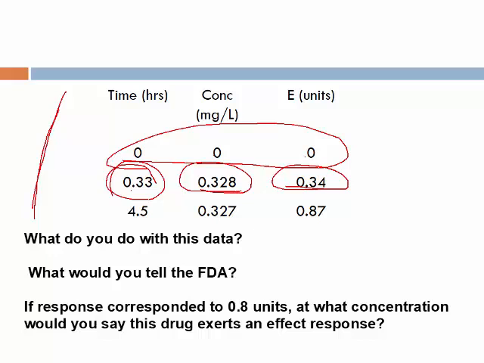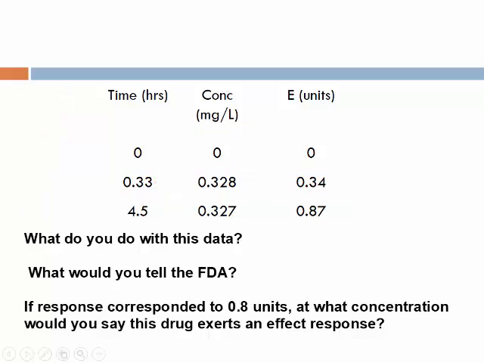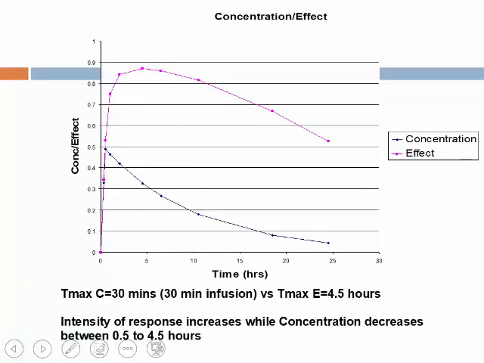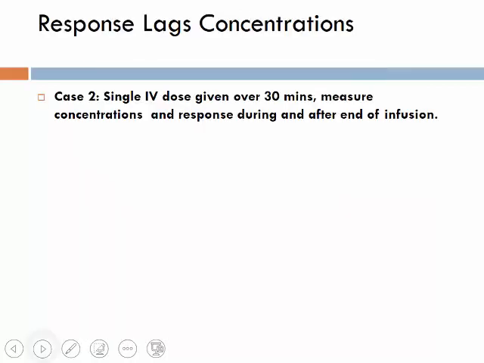This is all just taken from that last graph, so maybe we can go back there and see it. At time 0.33, it's somewhere in here. So our concentration and effect, whoopsie.